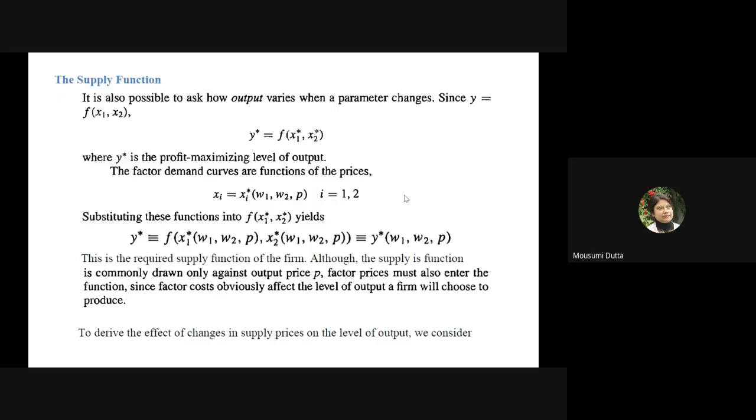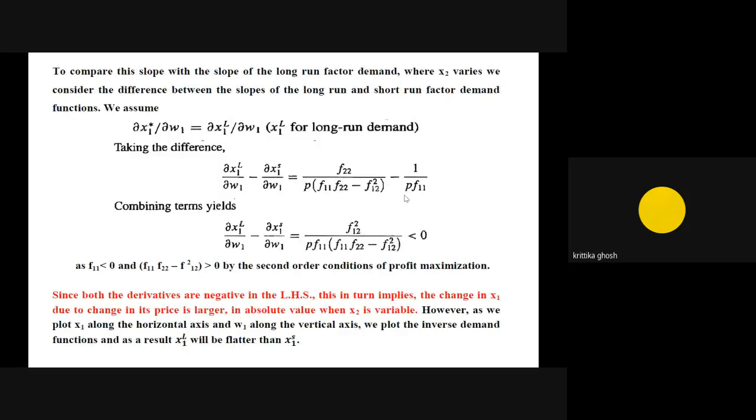The 2 is coming from the x2 component. Okay, so all of you could write it down. Del x1 star or del x1 L by del w1. Is it fine? Yes, ma'am. So this expression you already have with you: F22 by P into F11 F22 minus F12 square.